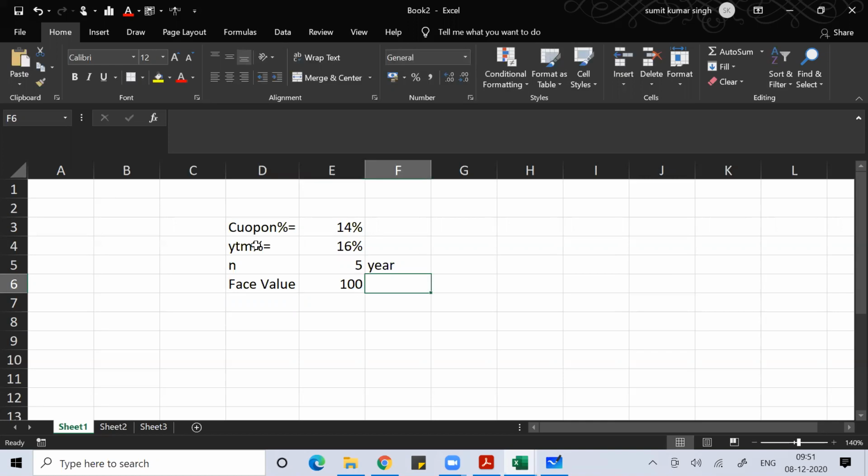So whenever we talk about a debt instrument, the value we get on the maturity of the debt instrument is called the face value.